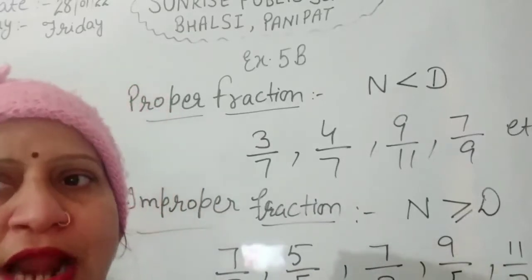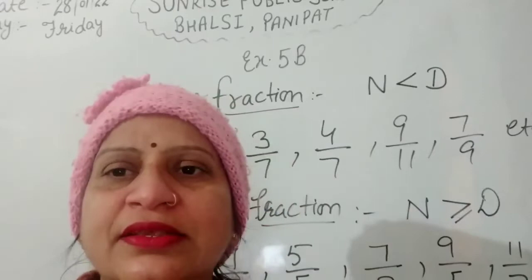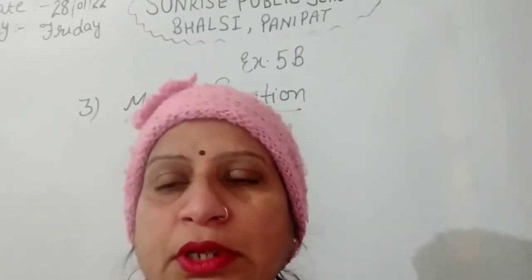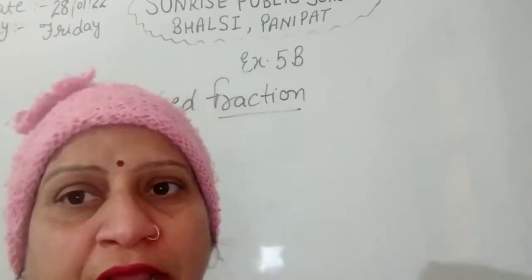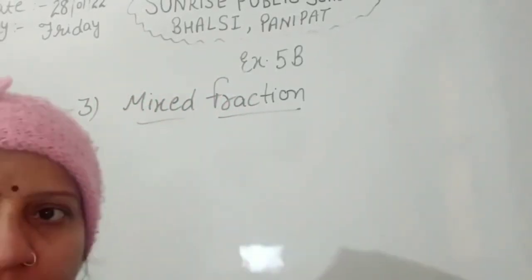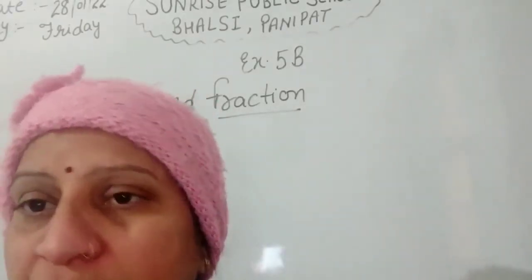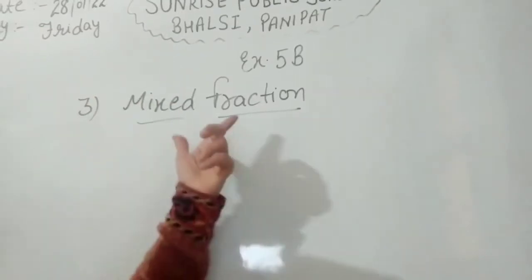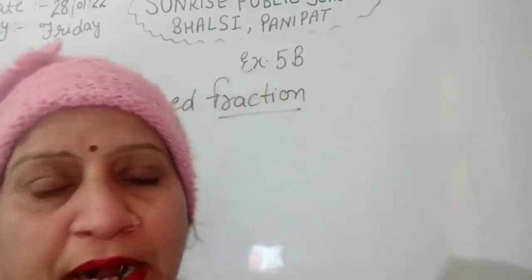Clear this one? Now I will explain the next type of fraction, that is the mixed fraction. My third type of fraction is the mixed fraction. According to its name, it is a mixture of two things. First is the whole number, and second is the fractional part.